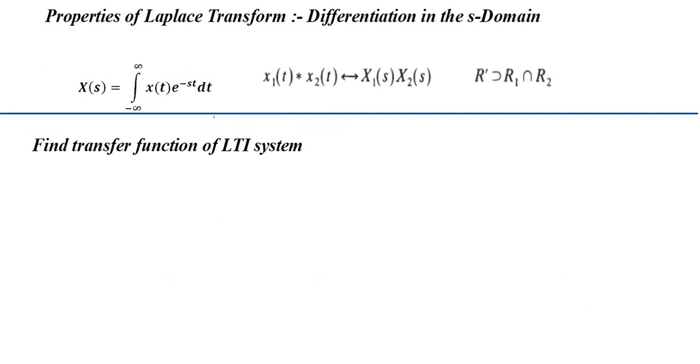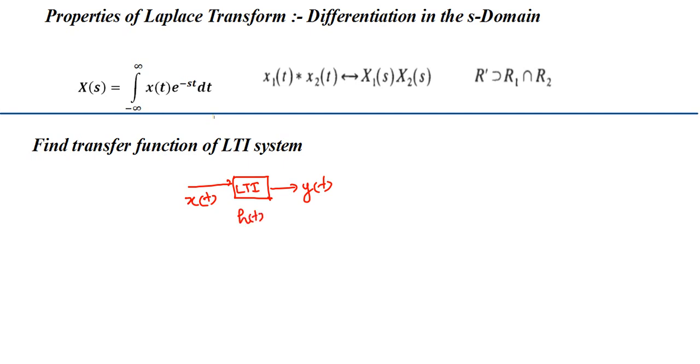Another point we will discuss here is to find the transfer function of an LTI system. LTI system means a system which obeys the linearity property and the time invariant property. Assume that the input signal is x of t, the output signal is y of t, and the impulse response is represented by h of t.